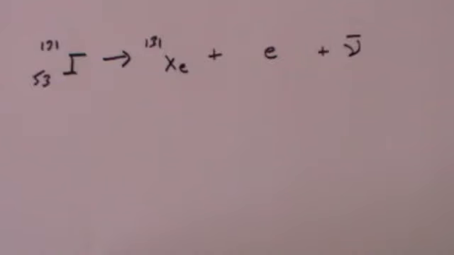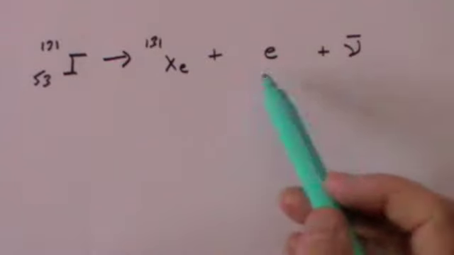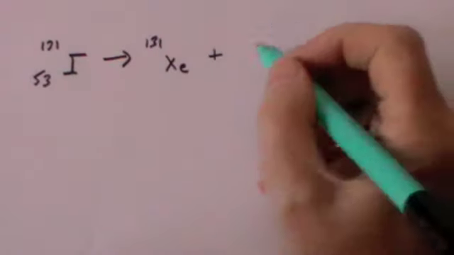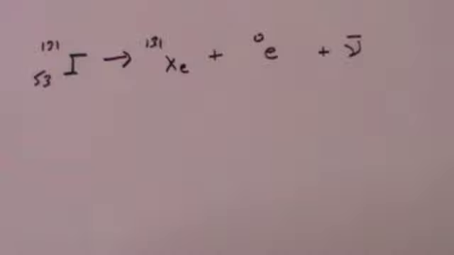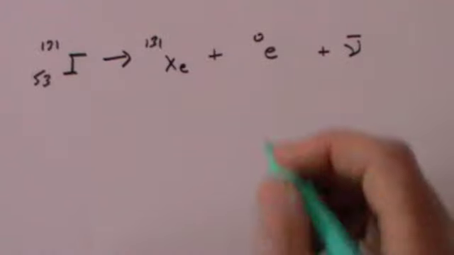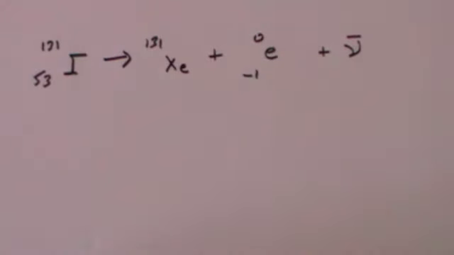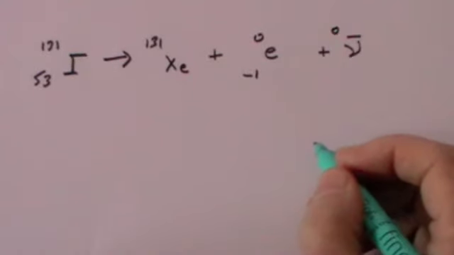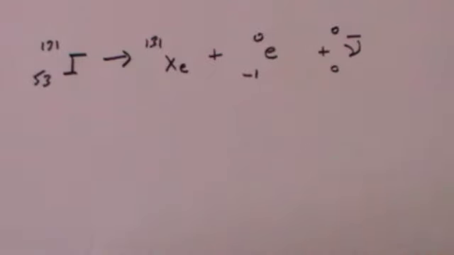Well, the way to start is to say that we know what these should be. An electron, of course, has no nucleons because it's a lepton, and it'll have a charge of -1. A neutrino and an antineutrino have neither nucleon numbers, nor do they have a charge. And so now all we have to do is to balance the equation.